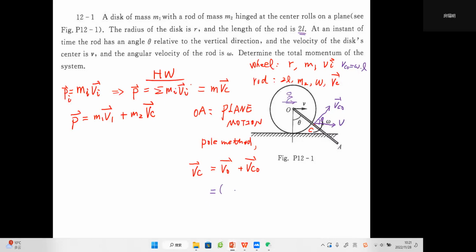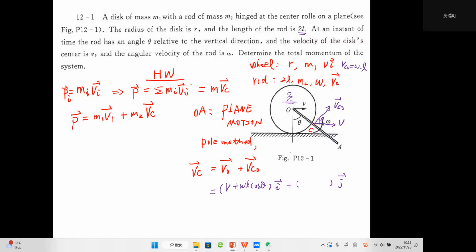And here we are talking about these two components, so we can divide VC into two components. One is along X, our horizontal direction, and another is along Y, our vertical direction. So here we can write: we have VO, just V, plus VCO times cosine theta, so we have omega L times cosine theta, right?